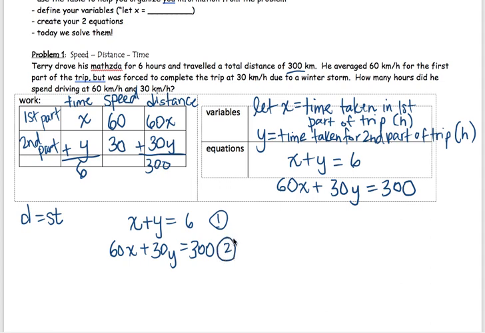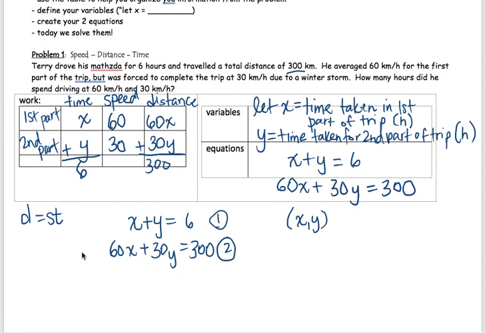What's happening in this problem is that we have all these scenarios: it has to total up to 6 hours, and it has to total up to a distance of 300 kilometers. So we have a couple of conditions that we have to follow, and your goal is to find the one x and y value that works for both of these equations. That will be the solution to this system, okay? So that's what you're trying to do here.